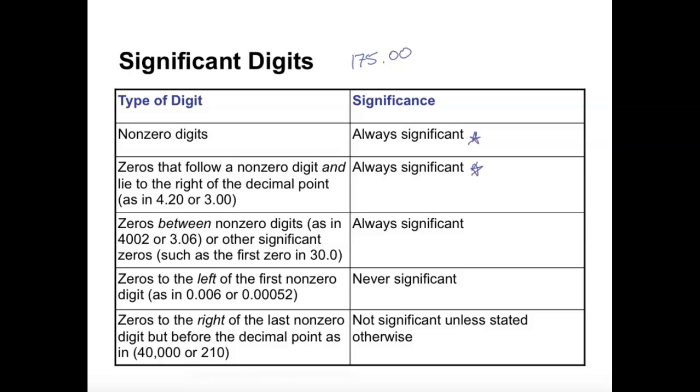So those zeros are significant because they're telling us how precise we are measuring. Any zeros between non-zero digits are also always significant. So like these 2 zeros in 4002, those would be significant. Or this 0 in 3.06. That's also always significant. Or if it's a 0 between another significant 0, meaning like this 0 between the point 0, that's a significant digit.